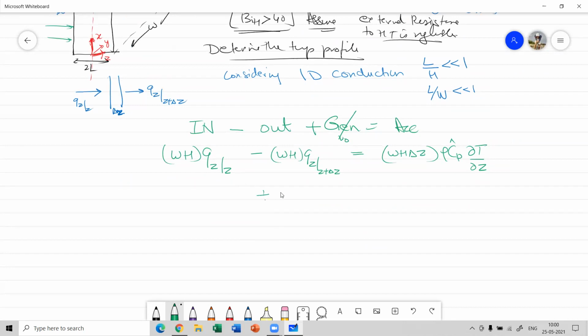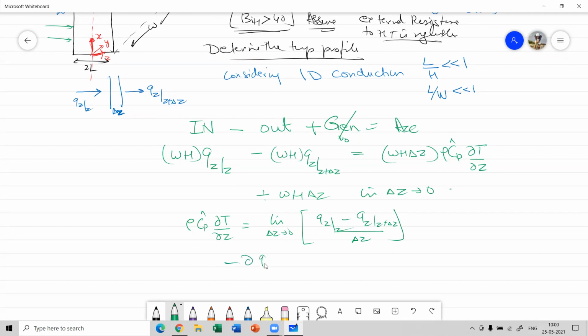So now if you divide this entire equation by W H delta Z and take the limit delta Z approaches 0, what we have is rho Cp del T by del t equal to the limit delta Z approaches 0 of Qz minus Qz plus delta Z over delta Z. So this comes out to be minus del Q by del Z equal to rho Cp del T by del t.